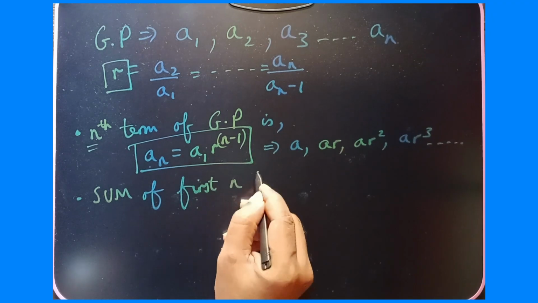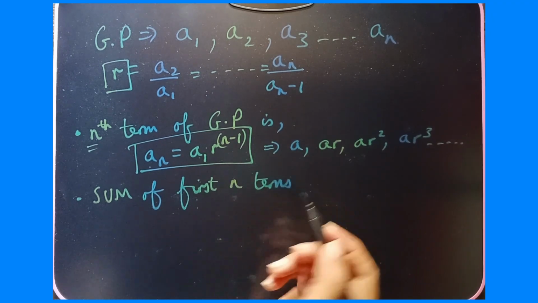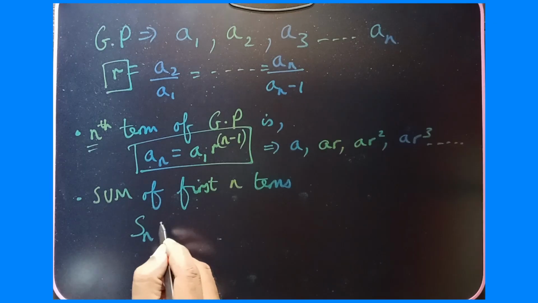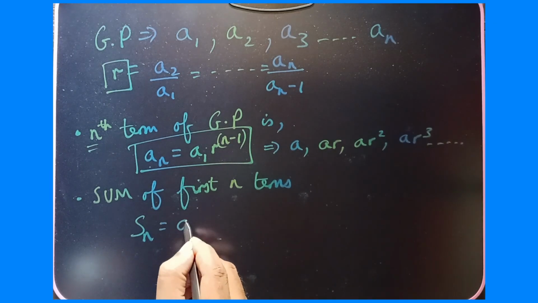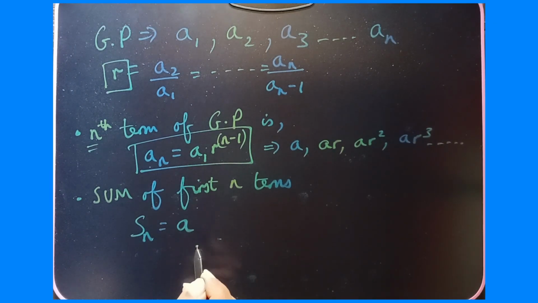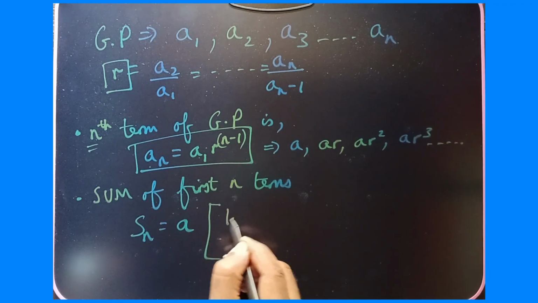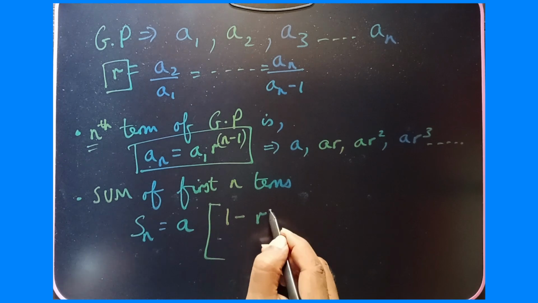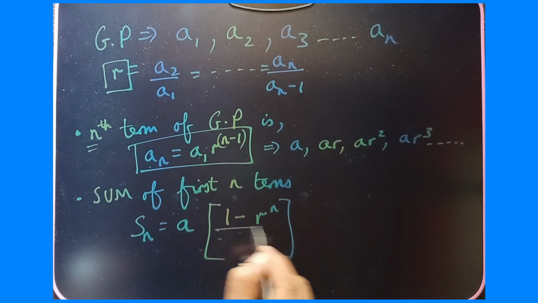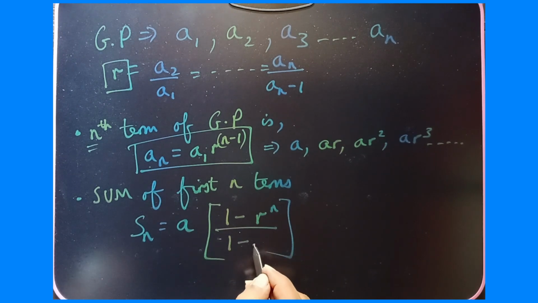Then the sum of the first n terms. It is given by: sum of the first n terms is equal to a times 1 minus the common ratio raised to the power of n, divided by 1 minus r.